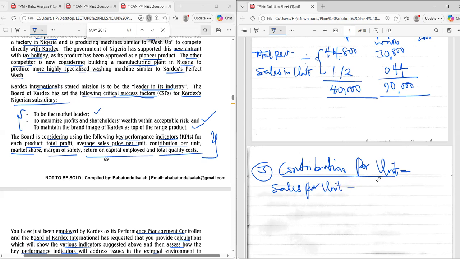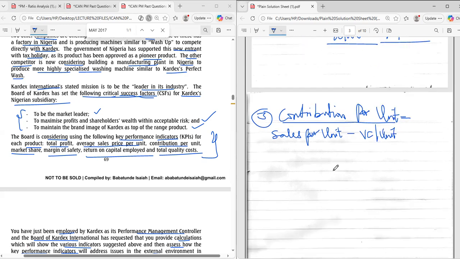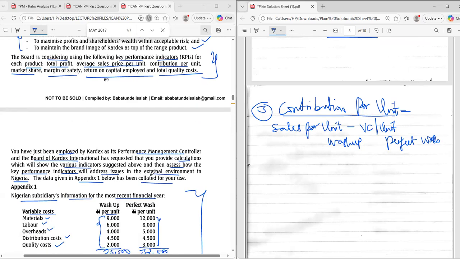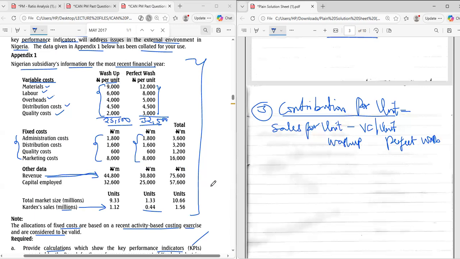So let's do for Workshop and Perfect Wash. Who can compute the sales per unit?